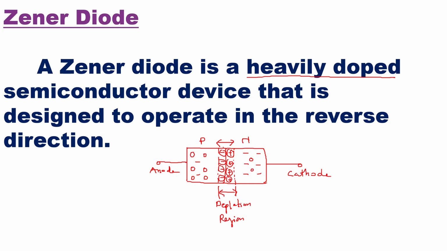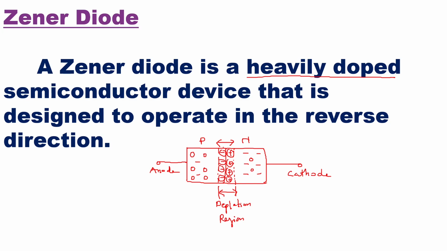its operation in reverse bias is very important, because that feature of the Zener diode in reverse bias, where it keeps the voltage constant and allows the current to increase at a specific voltage value, makes it useful in applications like a voltage regulator. Now what is a voltage regulator?